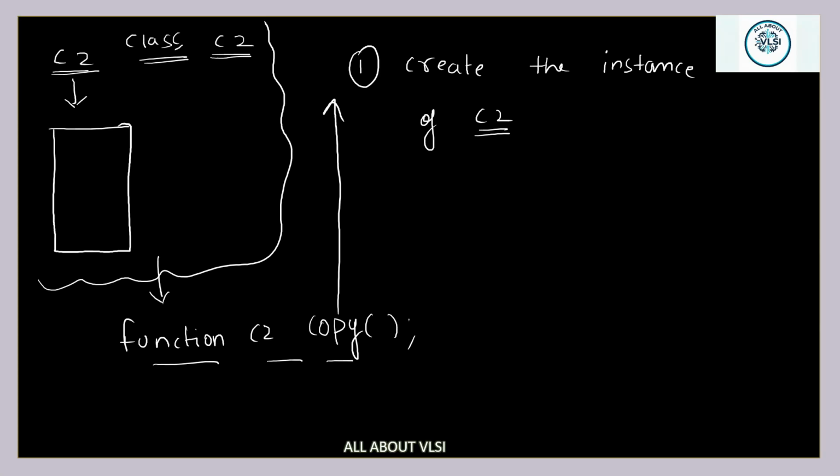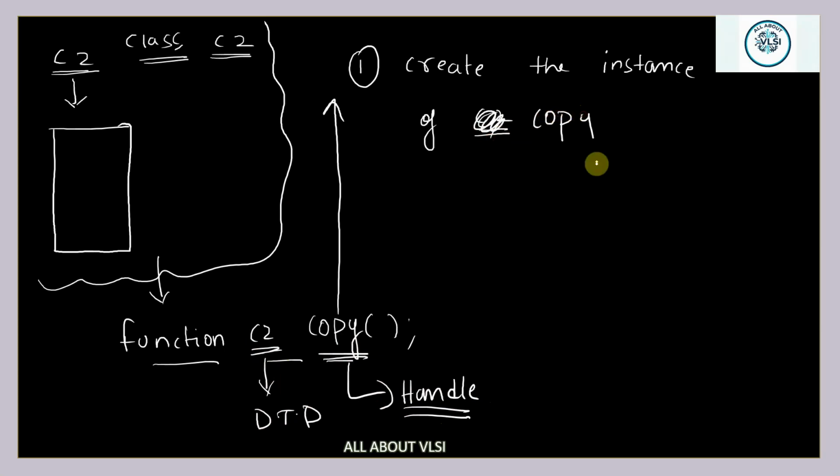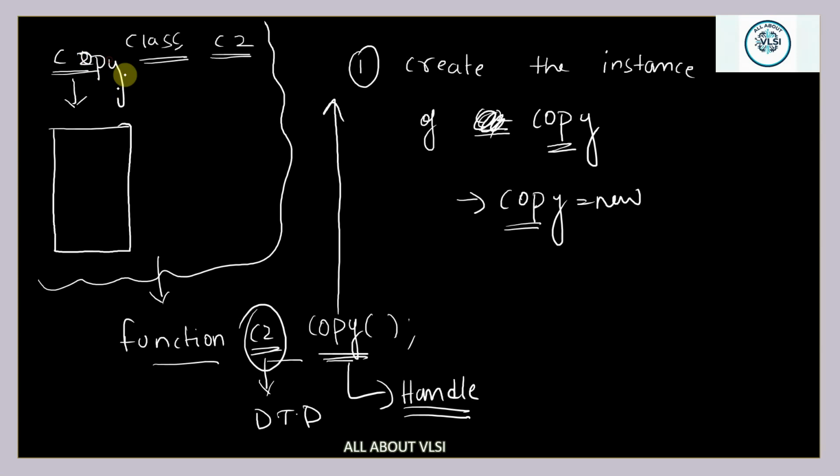Function C2, this is my return data type, and this will now act as my handle. For this handle, I'm going to create the instance. How am I going to write it? Copy is equal to new. So this copy is a handle of class C2, and it is going to have the property int b.